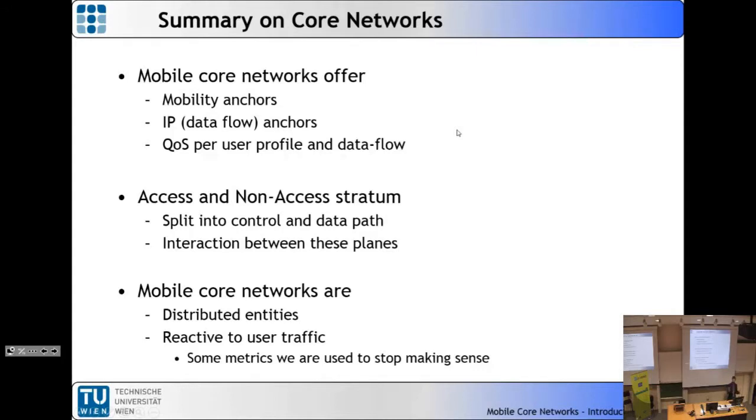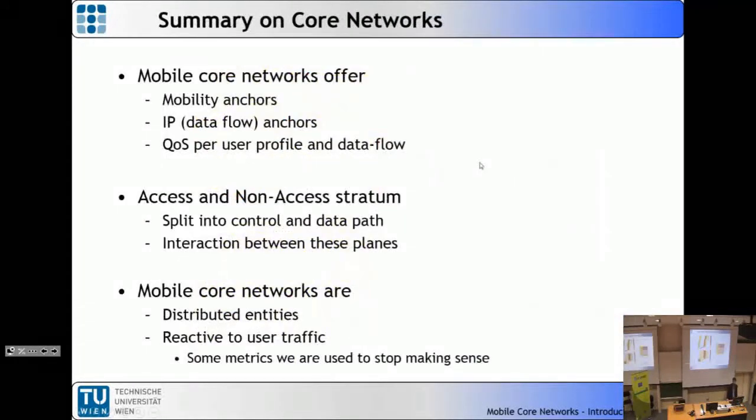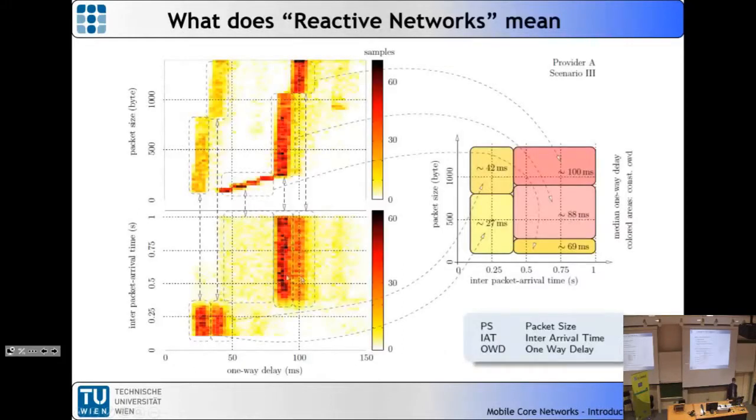We split it into an access and a non-access stratum, parts where we can access, parts which we see, like here, passively acting with our data. And we have basically distributed entities also that treat our network, or that react based on the network that we are injecting into them. Yeah?